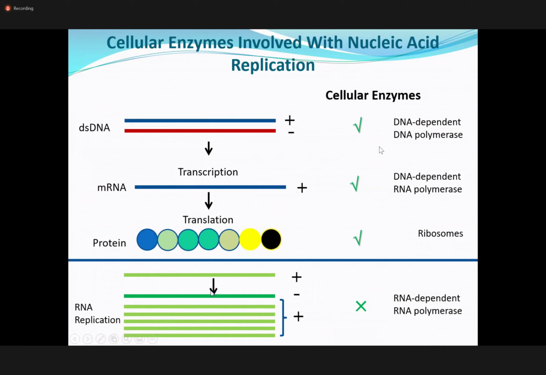But eukaryotic cells do not have RNA-dependent RNA polymerases in the case of an RNA virus infecting a cell.